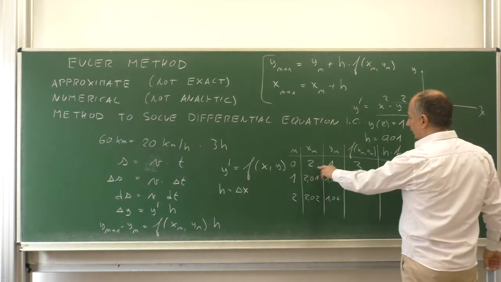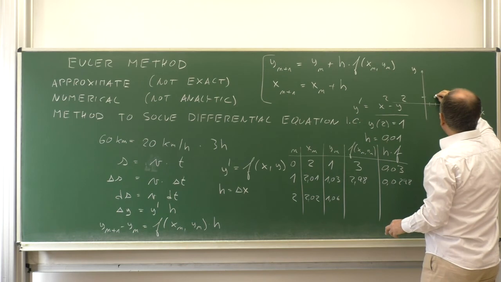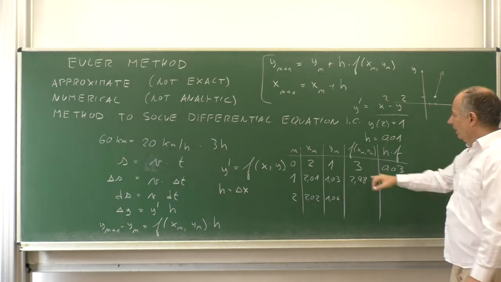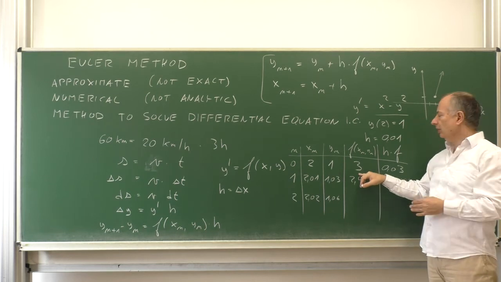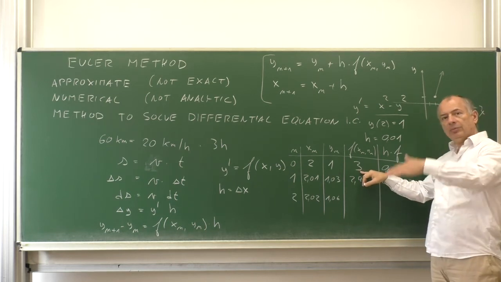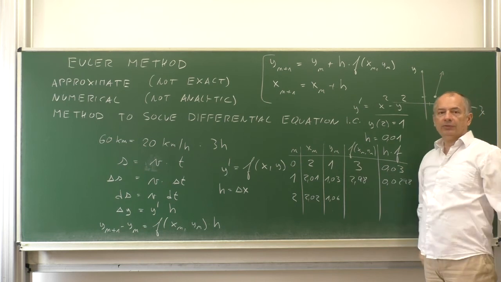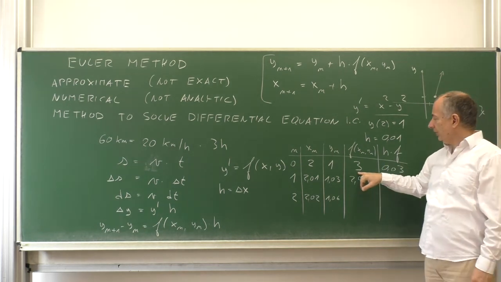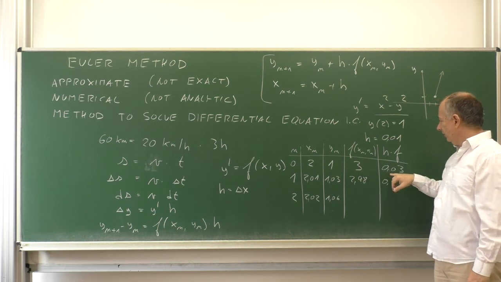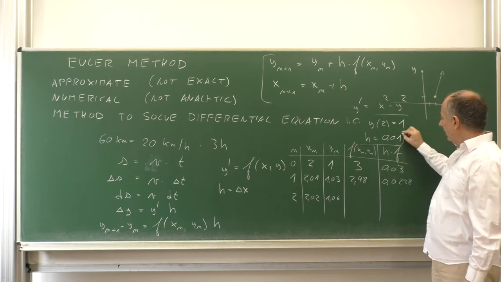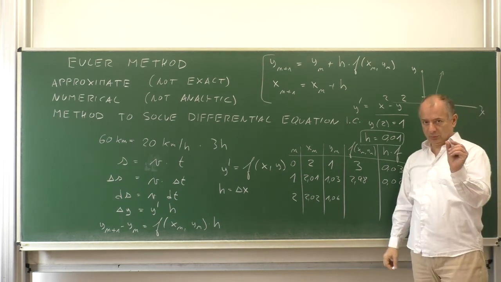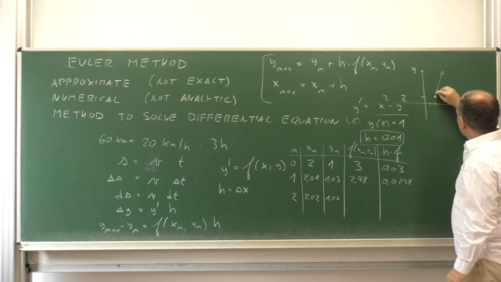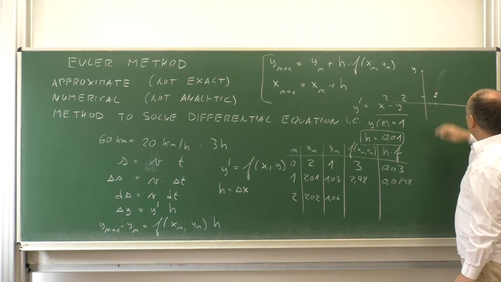So if we find the slope to be 3, that means it goes this way. Positive, that means increasing, and greater than 1, that means increasing more than 45 degrees. But we follow this direction only for a small period of time. So we go this direction, but only a small step this way.